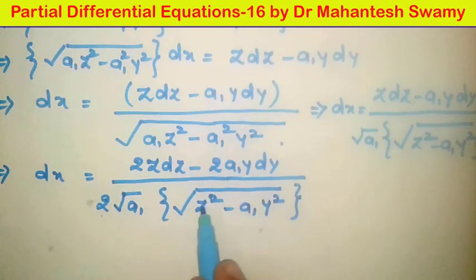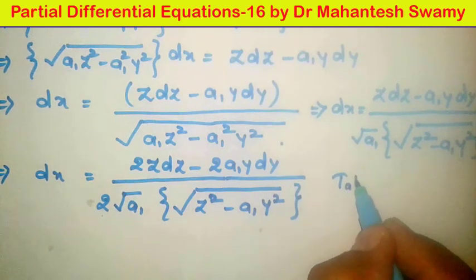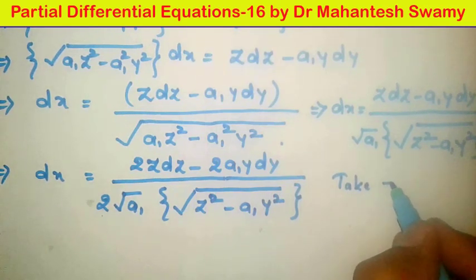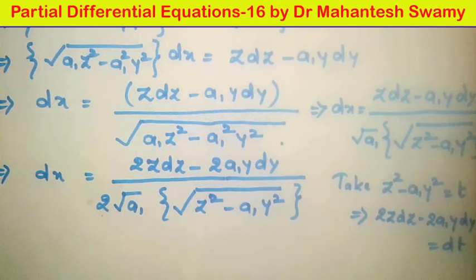Now let us make a substitution for this quantity, that is if we take z square minus a1 y square as t, it implies 2z dz minus 2a1y dy equals to simply dt.